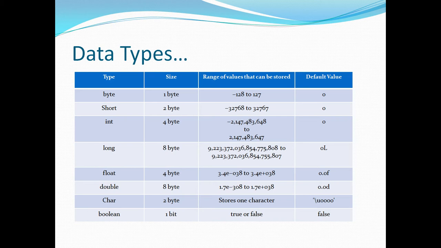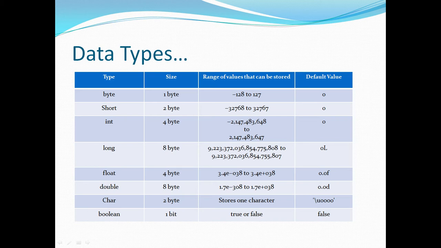So to save memory, you can use byte. If you are particular about the value stored in a variable, and you know it is going to be between this range, you don't have to declare it as short, int or long. You can declare it as byte, and only one byte of memory will be allocated for that. So these are the different integer types.